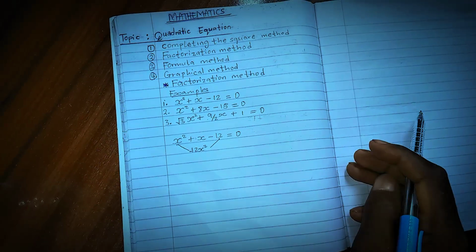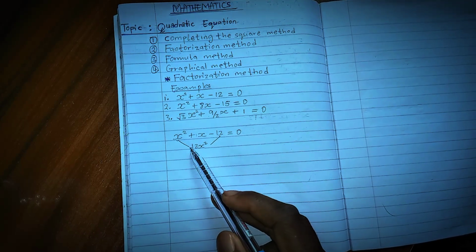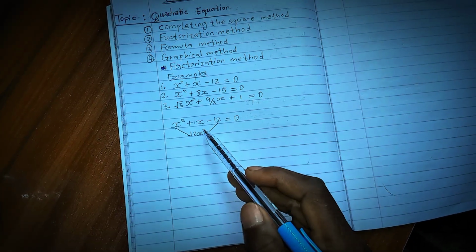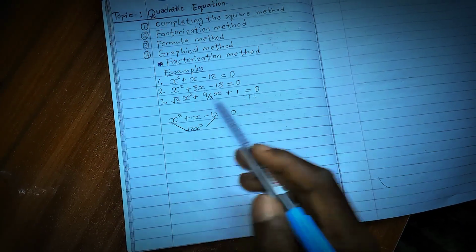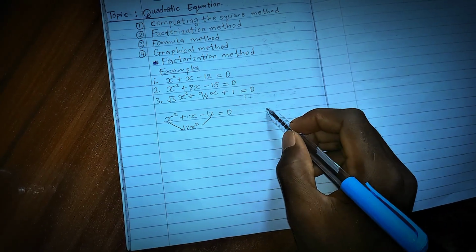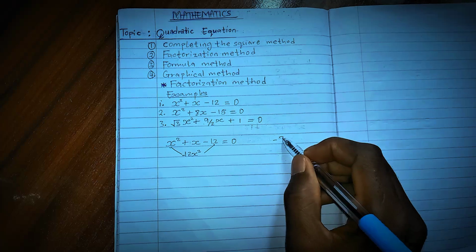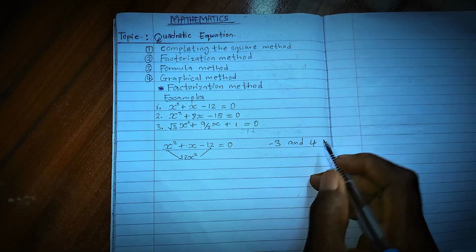So what are the two numbers that when multiplied will give us negative 12, and when added will give us 1? Minus 3 and 4 will work.